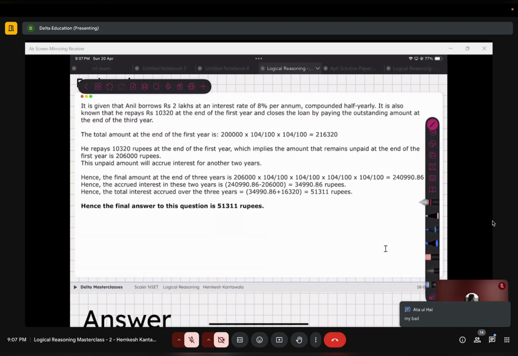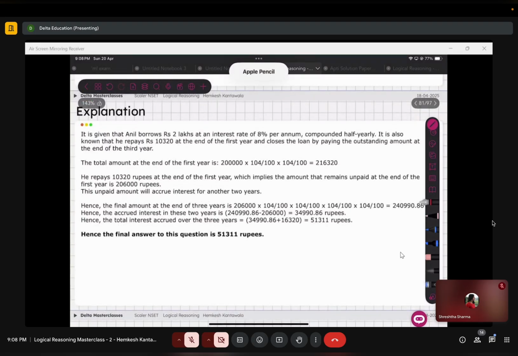Yeah, so 51311 would be the answer. I was just checking whether the sum is 309 or greater. So yeah, the answer would be 51311. Correct. So for the sake of time, I have come up with the answer itself.